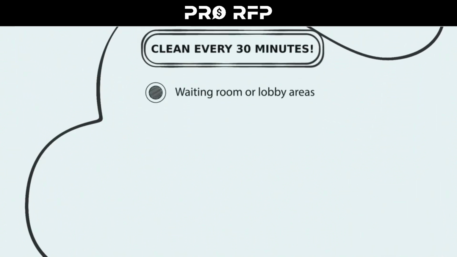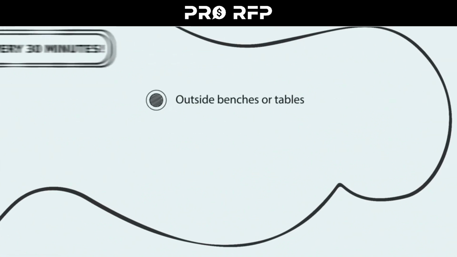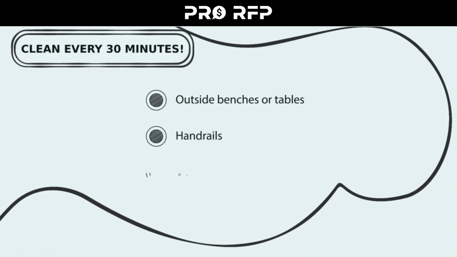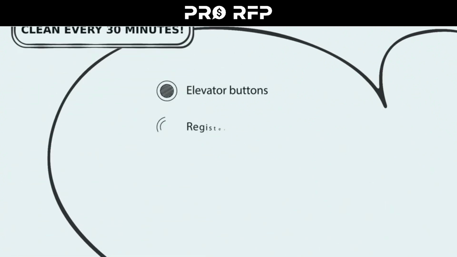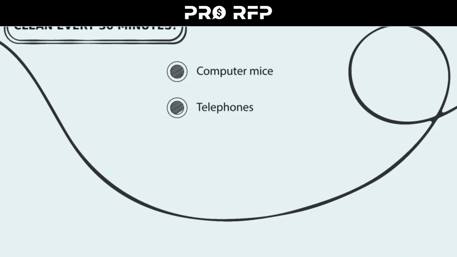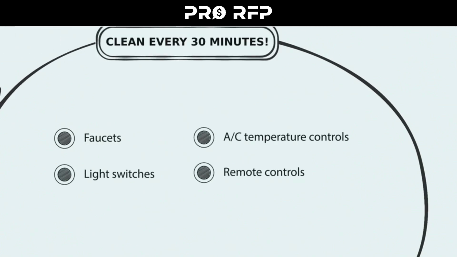Waiting room or lobby areas, dining room tables, chairs, and booths, bars and bar stools, outside benches or tables, handrails, door handles, elevator buttons, registers, computers, keyboards, computer mice, telephones, toilets, sinks, faucets, light switches, AC temperature controls, and remote controls.